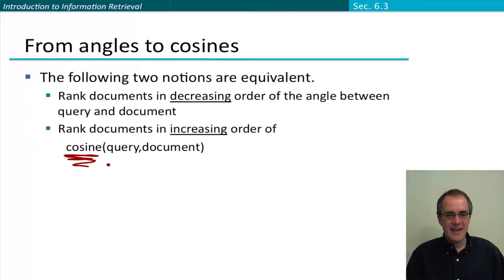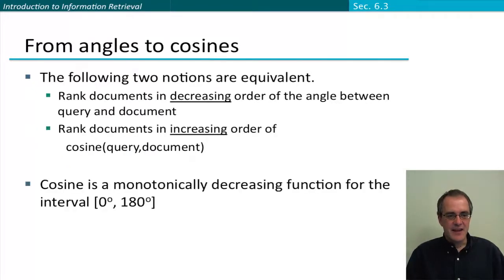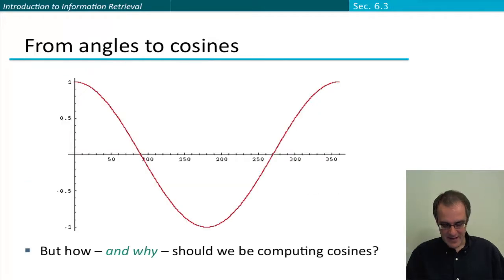The secret here is just to notice that cosine is a monotonically decreasing function for angles in the interval 0 to 180 degrees. So here's the cosine, which you should remember. If the angle is 0, the cosine is 1. If it's perpendicular, 90 degrees, the cosine is 0.